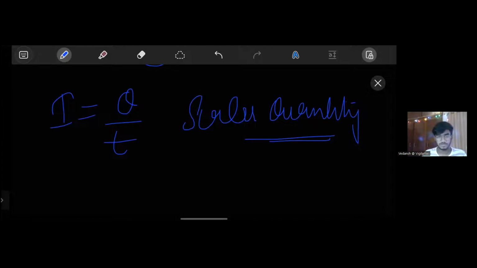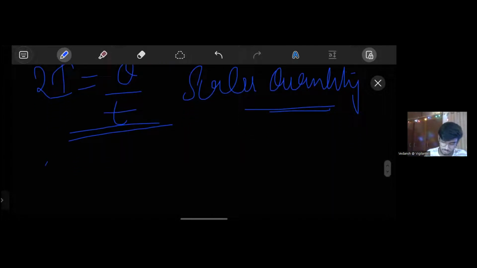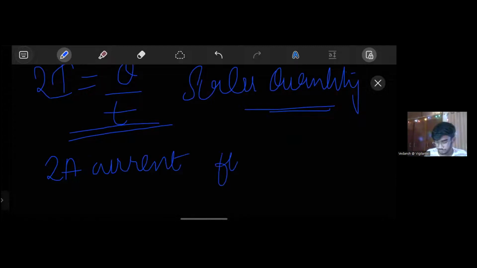Now, we can find out different values. If we look into the numericals that are asked on this particular formula, they might ask you: tell us that if 2 ampere current flows through a particular circuit in time 3 seconds, what would be the amount of charge that has passed through that circuit in that given time?